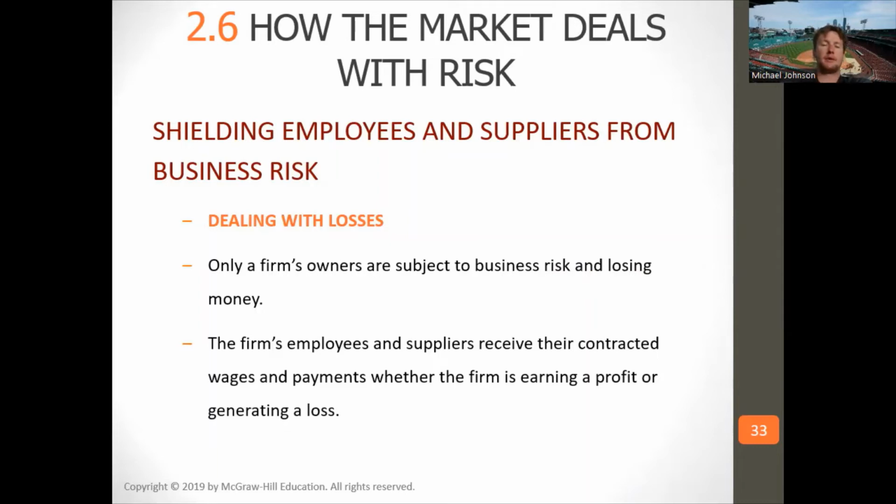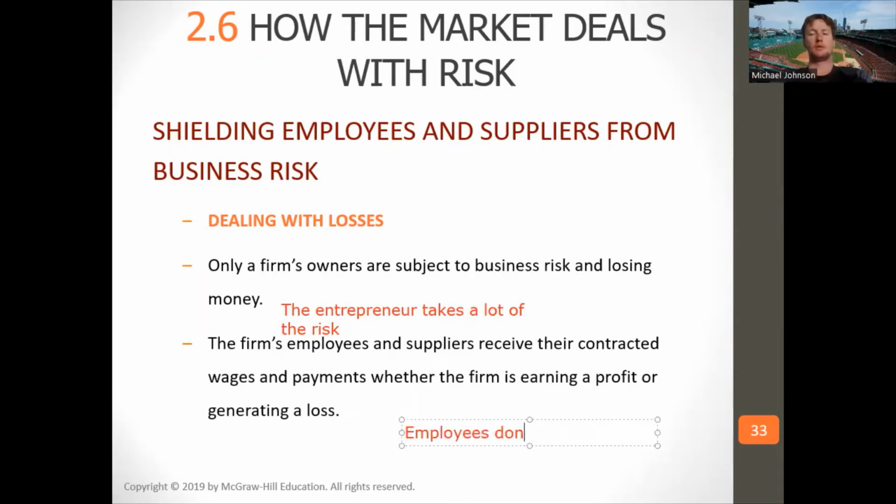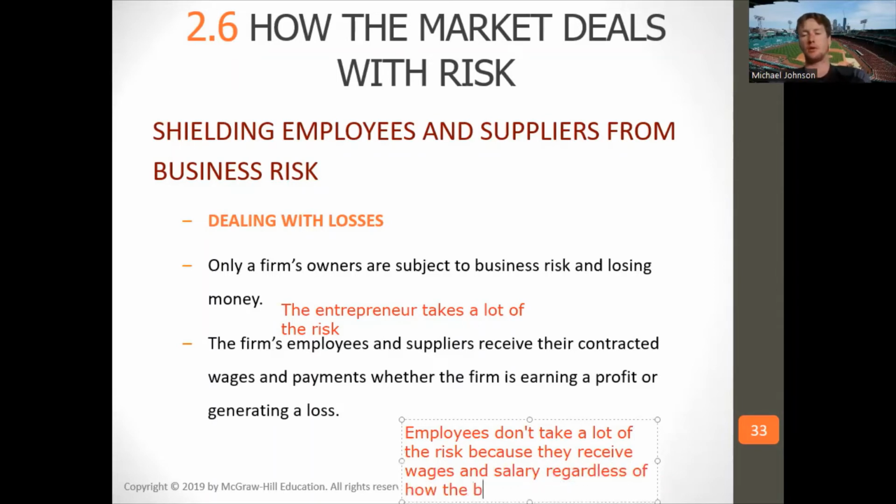So like the entrepreneur takes a lot of the risk, while the employees don't take a lot of the risk because they receive wages and salary regardless of how the business is doing.